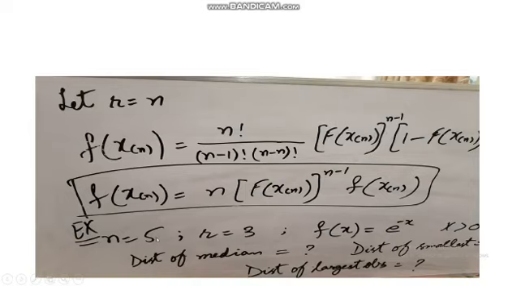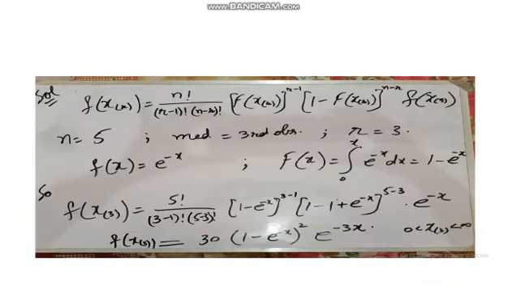Since n equals 5, the median will be the third observation, so r equals 3. For the smallest, r equals 1, and for the largest, r equals n.